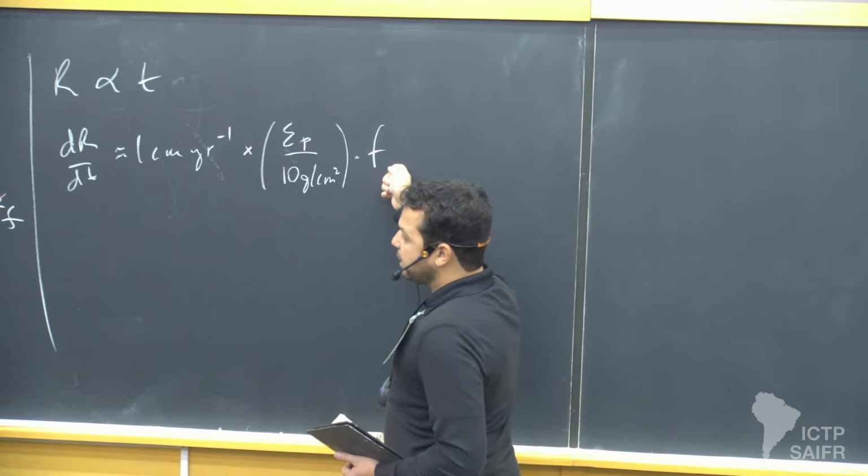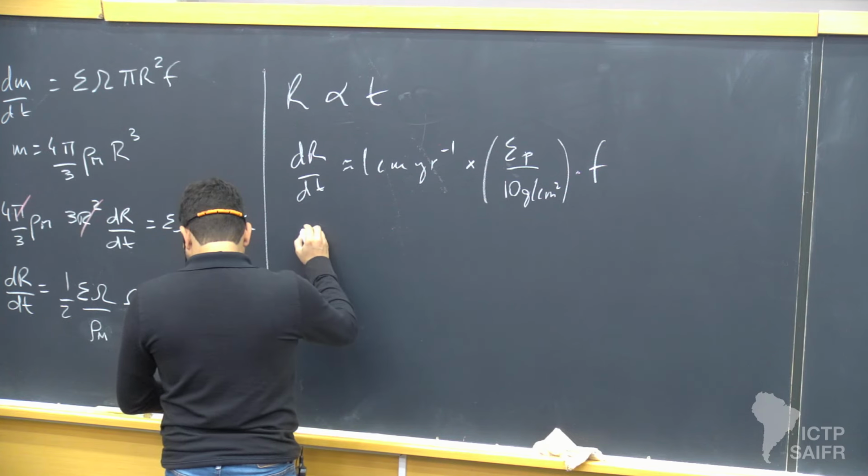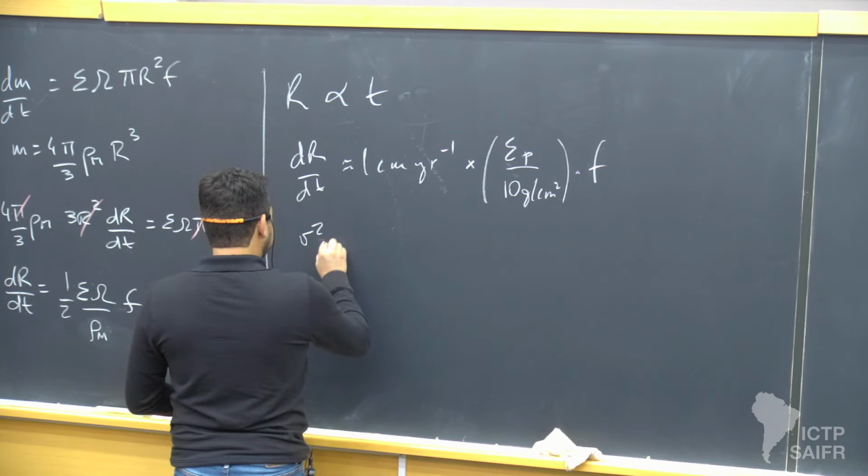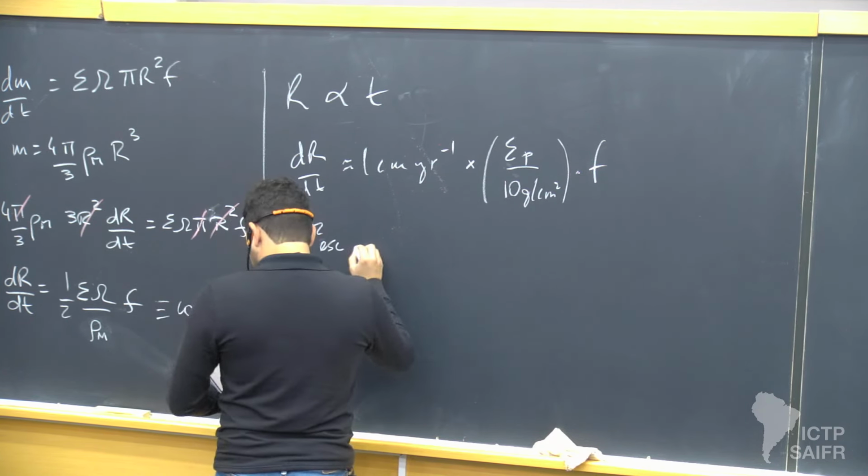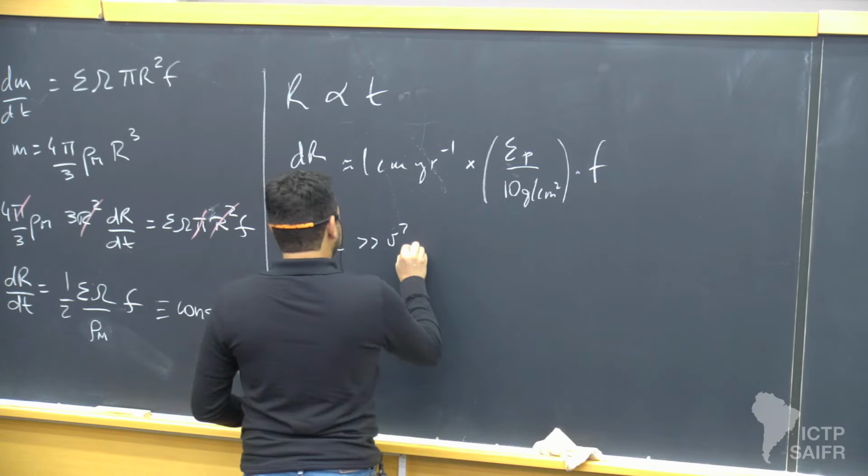However, you can see here, if the RMS of the distribution of planetesimals is low, this factor f can go up quite a lot, right? In any case, say that you have the escape speed being much, much bigger than v RMS.